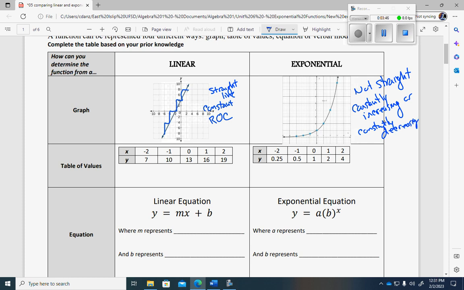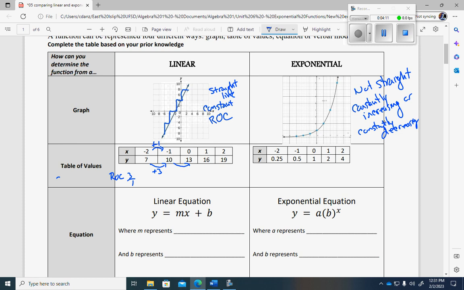Now, next, let's look at the table of values. In order to have a constant rate of change, there must be a constant number that we actually keep on adding on. Like the rate of change of this table is plus 3 over 1, 3 over 1.